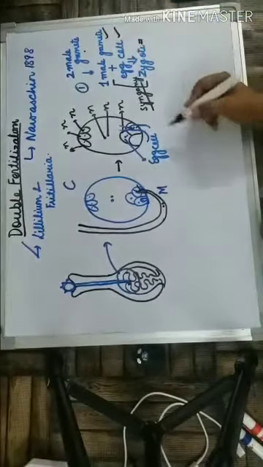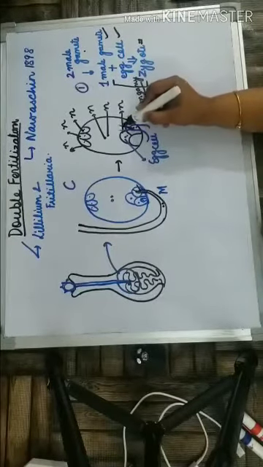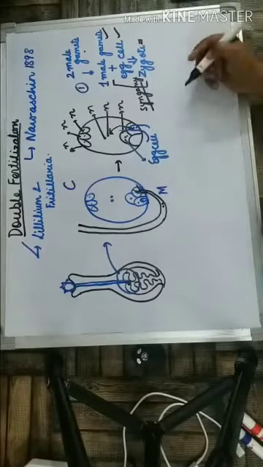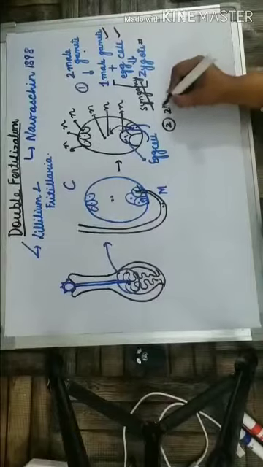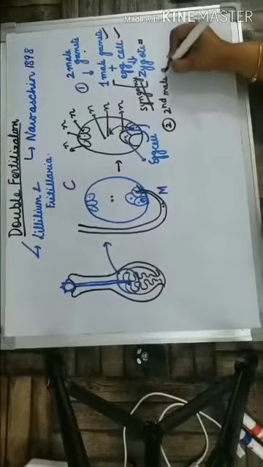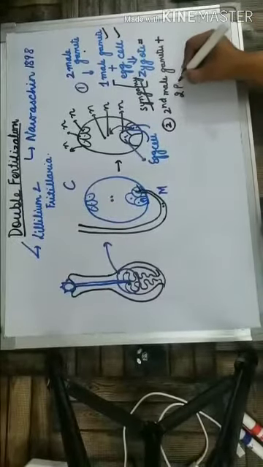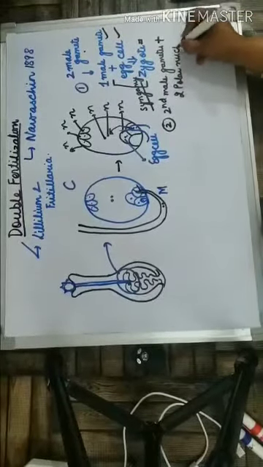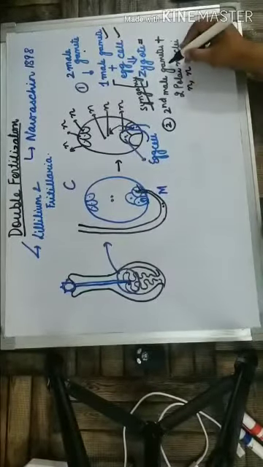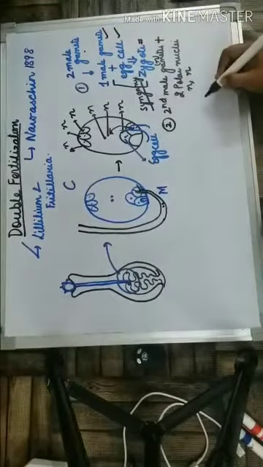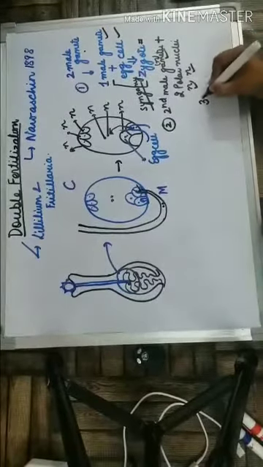One male gamete unites with the egg cell. Another male gamete goes and unites with the polar nuclei. Now, second step, what happens? The second male gamete unites with two polar nuclei. Now we know each polar nucleus is n, and the male gamete is also n. Therefore n plus n plus n becomes 3n.